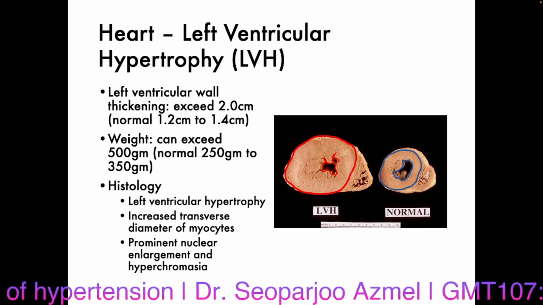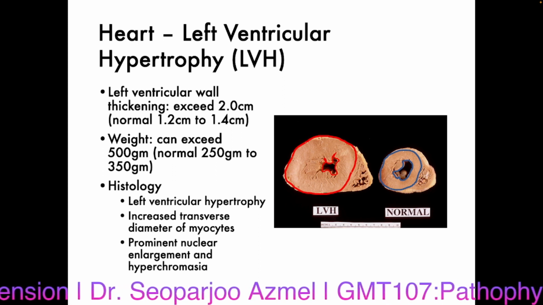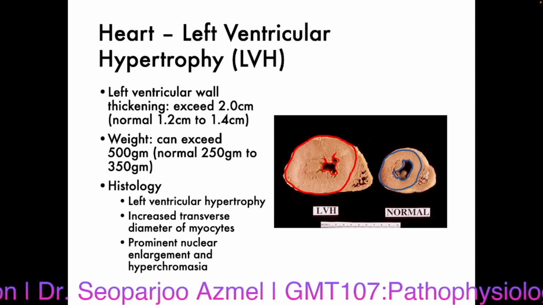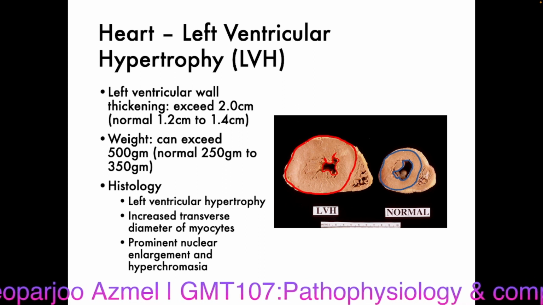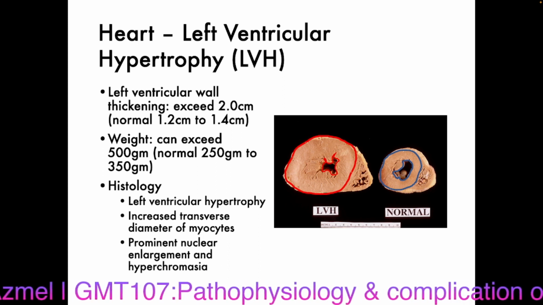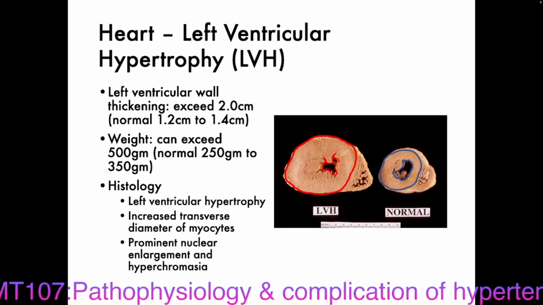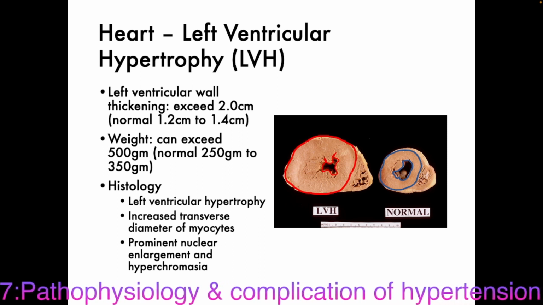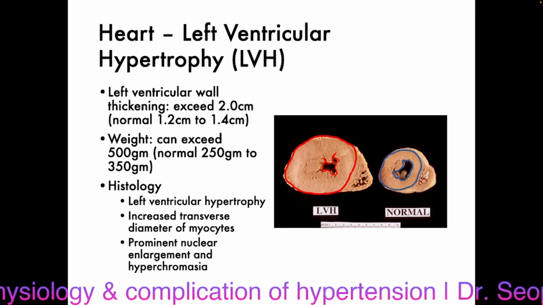Histologically, in left ventricular hypertrophy, there will be increased transverse diameter of myocytes. Myocytes are heart muscle cells, sometimes we call it myocardium. This is the same. So you will see the increase in transverse diameter of the myocytes.